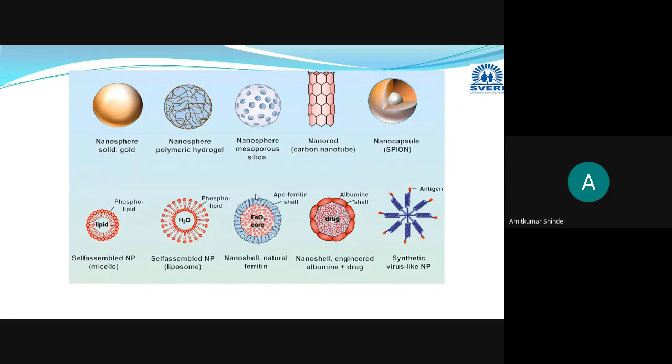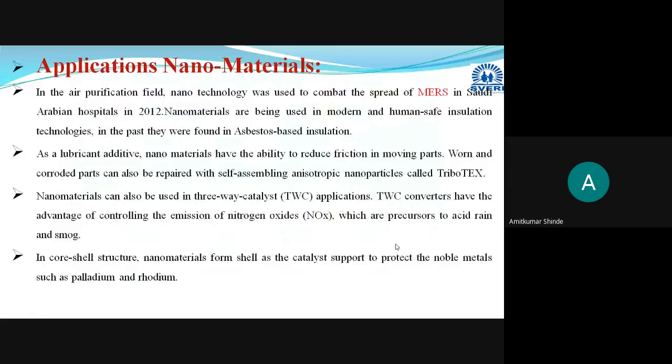They will exist in the form of tube, sphere, capsules, or in some self-assembled form, or in the form of some shell, or some synthetic virus-like shape. These are the nanoparticles we have discussed now.